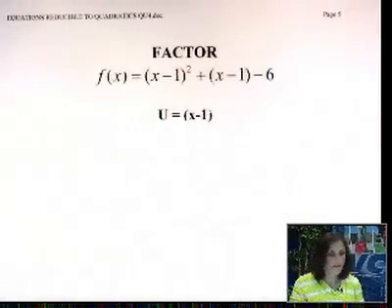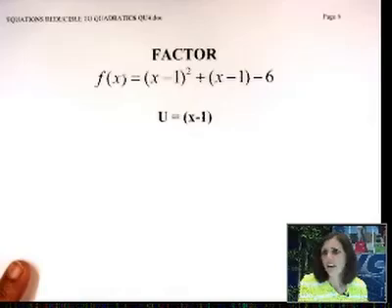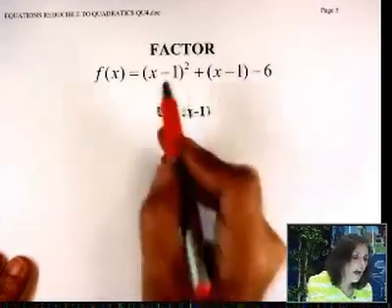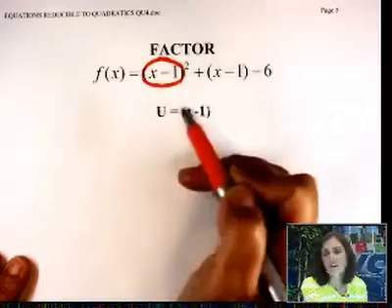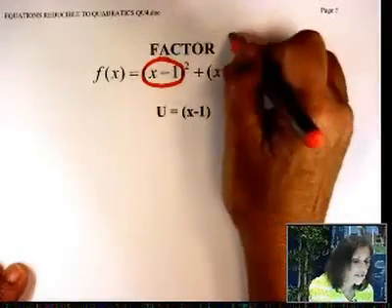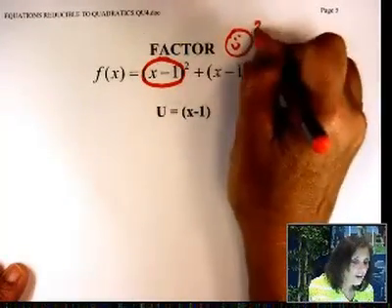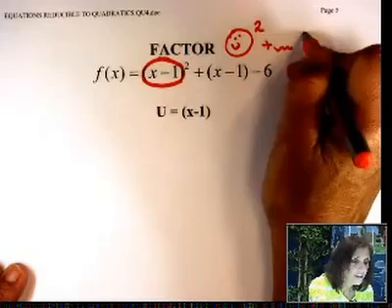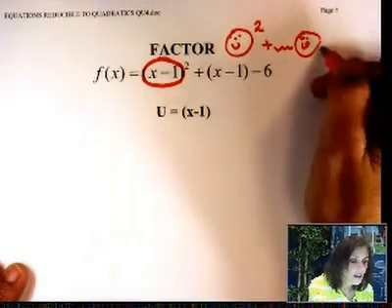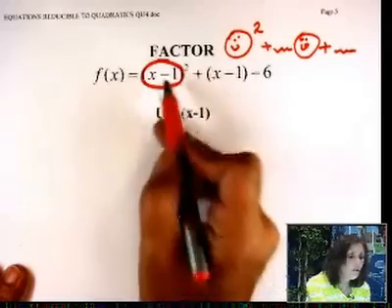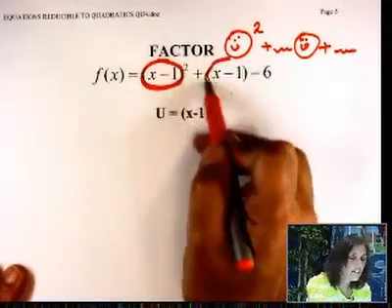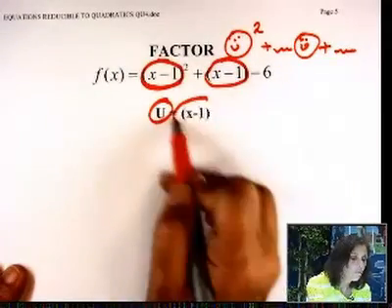Let's do it. Now I'm asked to factor. I'm going to pick this. So I know that a quadratic equation looks like something squared plus something else, right? So I'm going to look at this quantity together. I'm going to call it u.